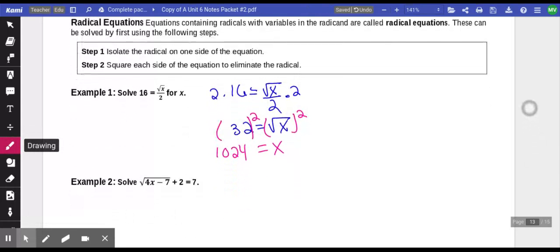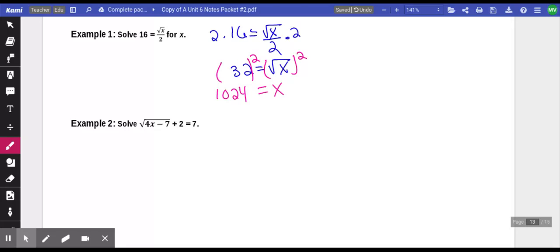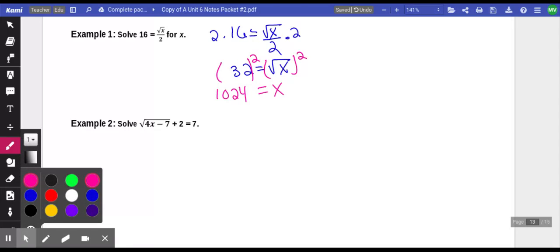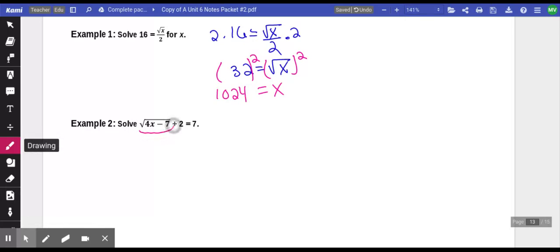Number 2. Again, I want to isolate the radical. What's in the radical is what I want to get alone, the square root of 4x minus 7. So in order to get that alone, I'm going to subtract 2 from both sides. That gives me the square root of 4x minus 7 equals 5.